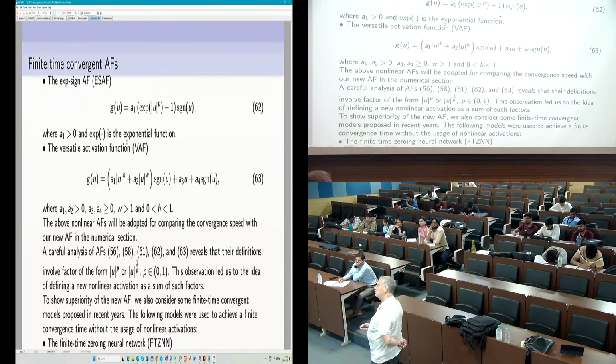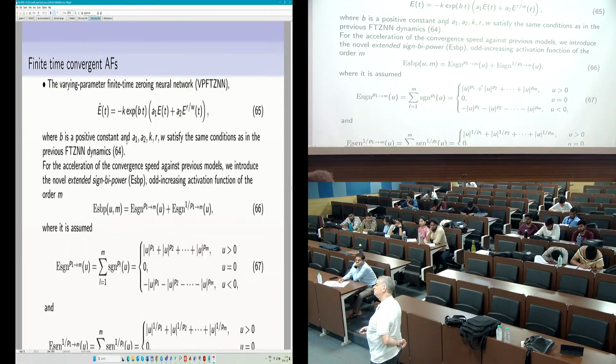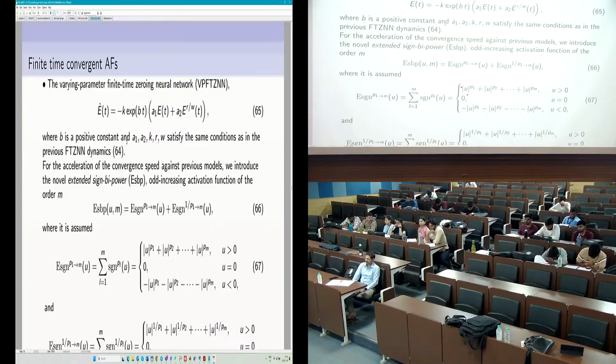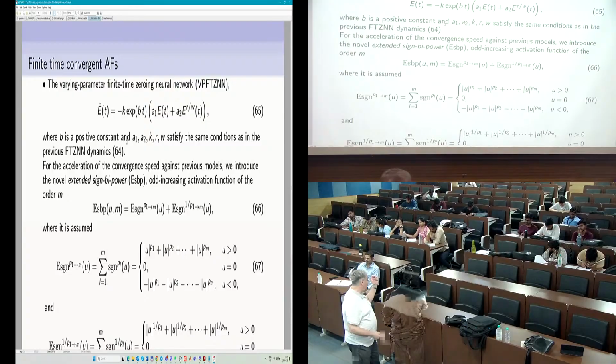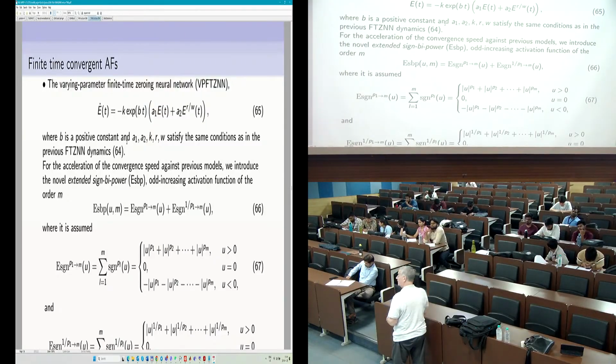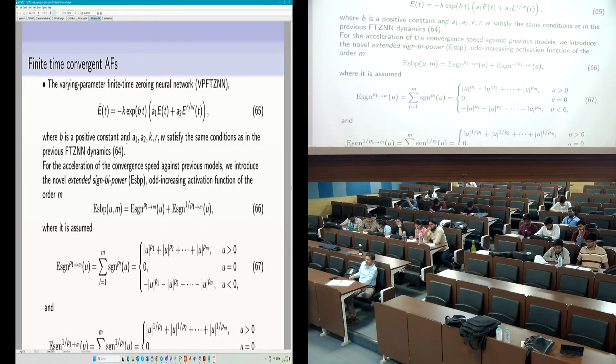Other kinds of 1 power value with 1 power and absolute value with opposite power. But here, 1 power and with these powers. Why was it useful? Convergence.